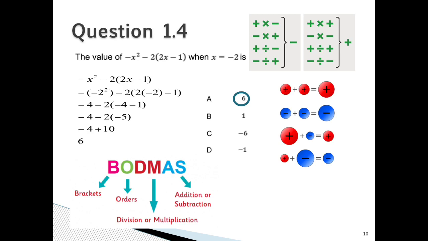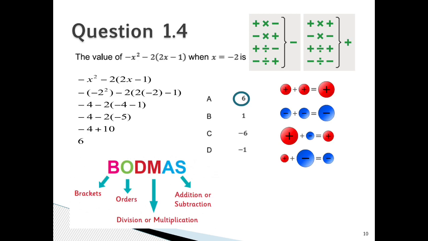So when the value of x is -2, then you substitute -2 wherever you see an x. So it becomes negative in brackets -2 to the power 2, close brackets, minus 2, multiplied by 2 in brackets -2, -1. And then you go and you do the calculation.